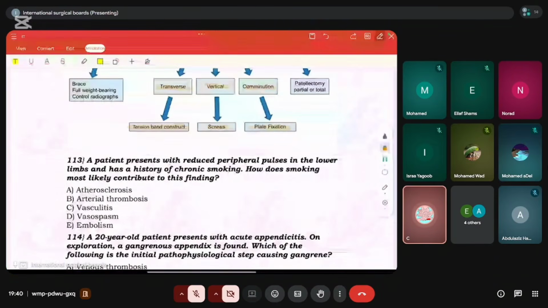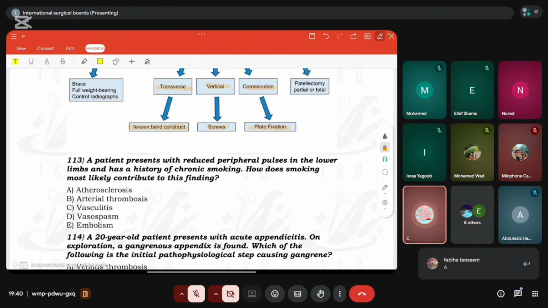113. A patient presents with reduced peripheral pulses in the lower limbs and has a history of chronic smoking. How does smoking most likely contribute to this finding? So, atherosclerosis sounds possible. Arterial thrombosis, yeah, it would be if it was acute.